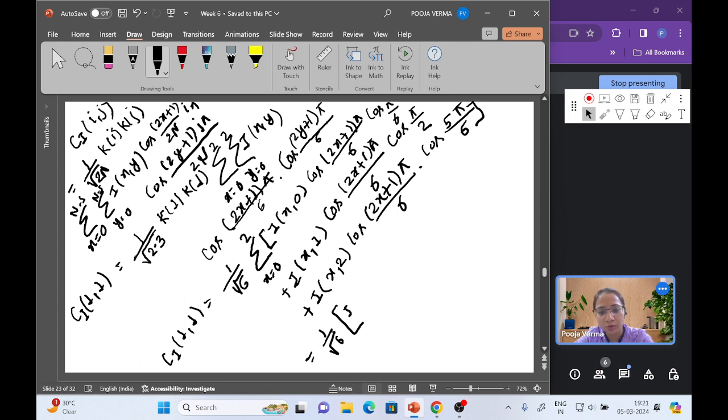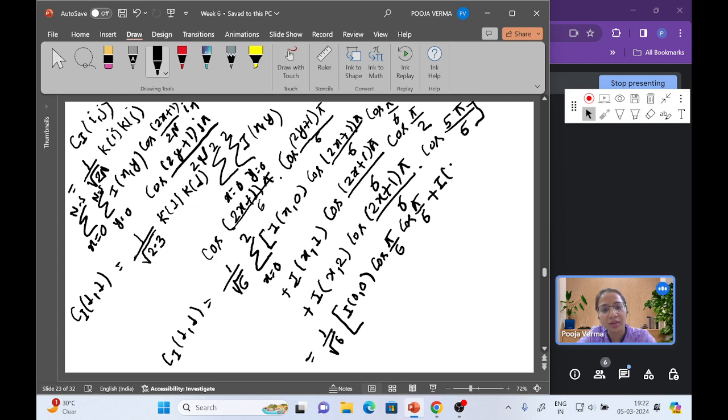First we will put in the whole long equation x is equal to 0, then 1, then 2. So I 0 comma 0. If we put x is equal to 0, so 2 into 0 is 0. So here we will get cos pi by 6, right? Cos pi by 6, and here pi by 6 is there, cos pi by 6. Now we will put in this one plus, here x is equal to 0.